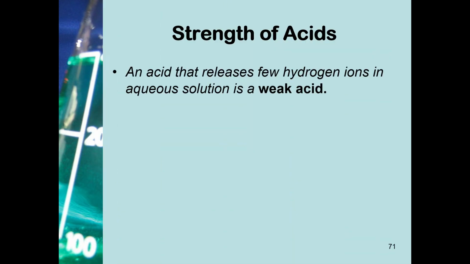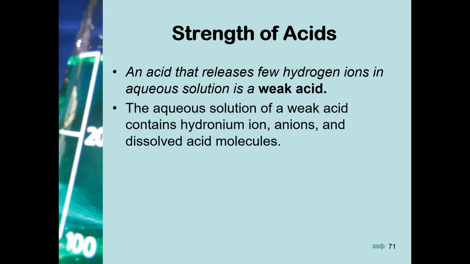So an acid that releases few hydrogen ions in an aqueous solution is going to be a weak acid. So notice that the strength of the acid is determined by how many hydrogen ions are produced. If it produces few, it's a weak acid. So aqueous solutions of weak acids contain hydrogen ions and the anions, but they also contain some of the original molecules that have not ionized.